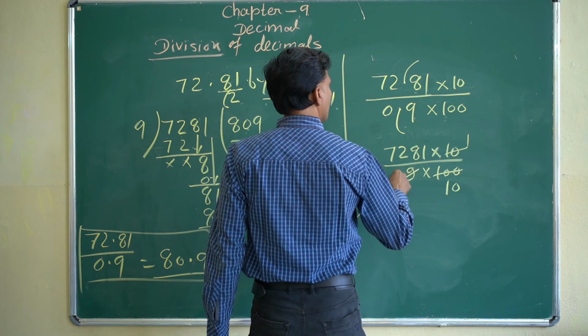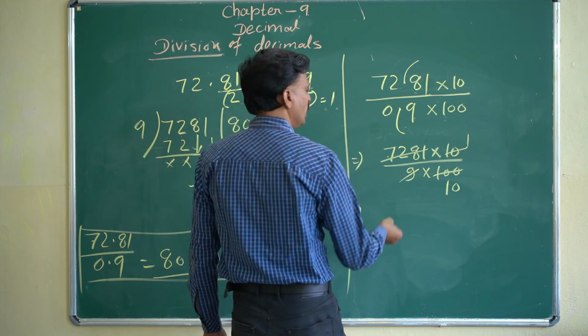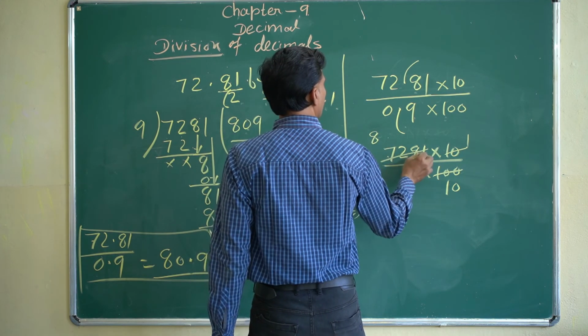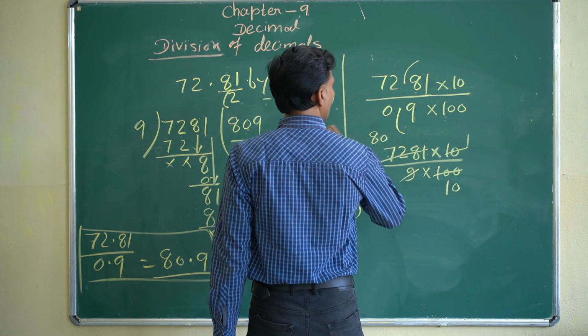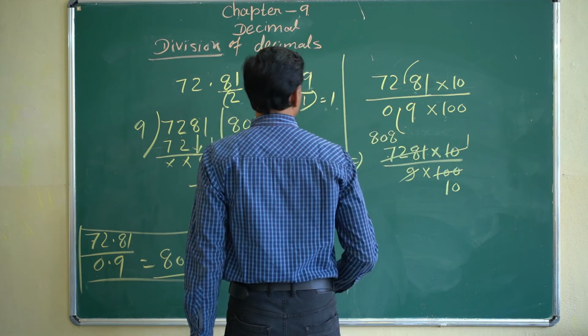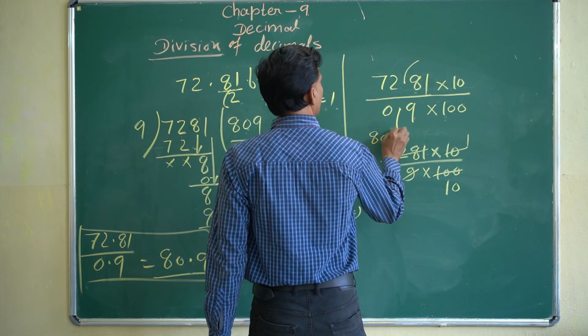Now when you divide this value, you can cancel or divide, so 9 into 72 is 8, then 8 is not divisible, we will take 81, but it will come 0 times before, then you can take only the 81, then it is 9 times.